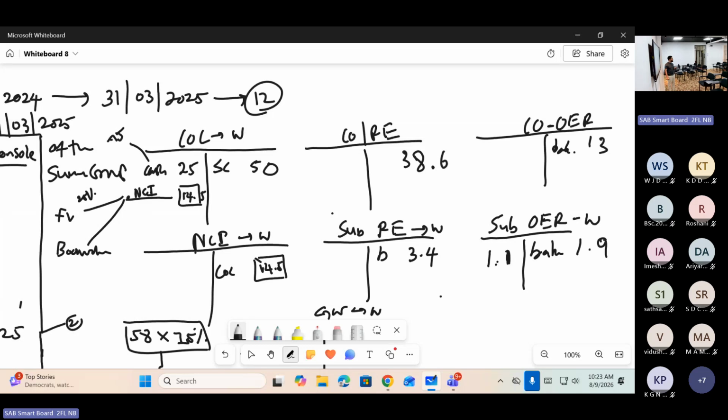Credit what is? 1.1 million. Other equity reserves.